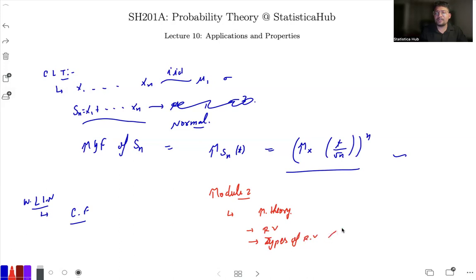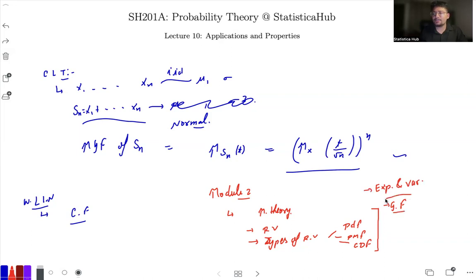After the types, we covered the PDF, the PMF, and the cumulative distribution function, CDF. Before that, we covered expectation and variance. Then we covered the generating functions.